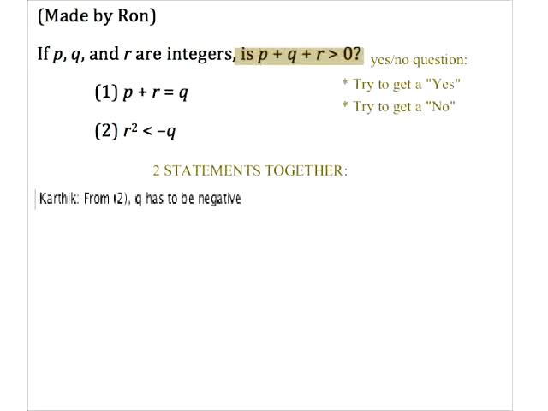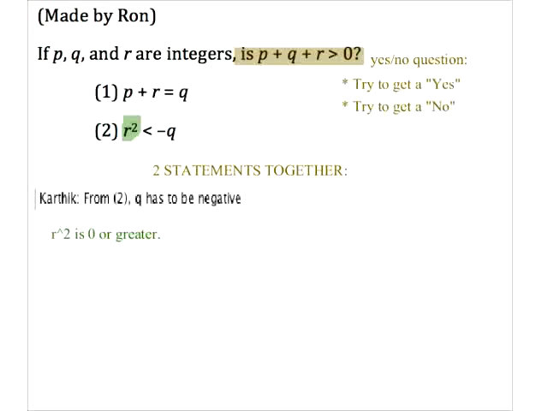But when you see a square, and this is like the main benefit of having experience with solving these problems, you can say, oh, hey, I remember that kind of dirty trick from last time. When you see a square in there, one of the things that you should think about squares is that they are non-negative. So r squared is 0 or greater. And negative q is even bigger than that.